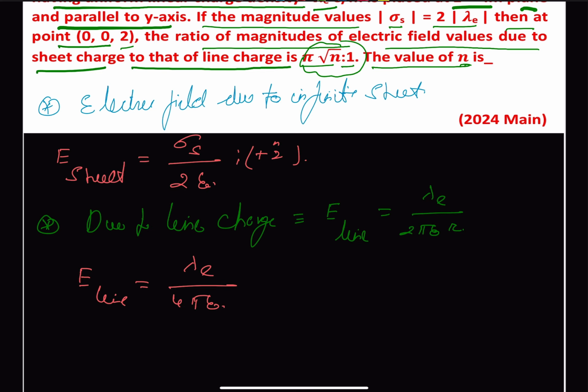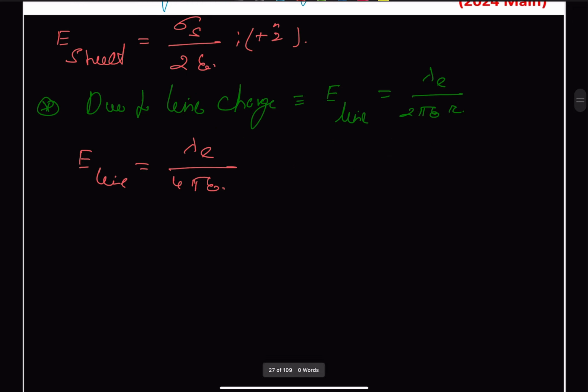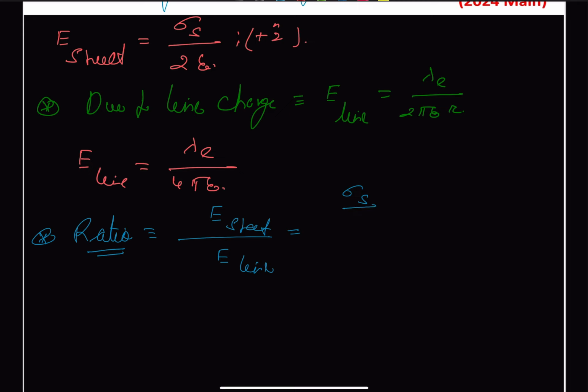And now we can just find out the ratio. Okay, and ratio, we have electric field due to sheet over electric field due to line, and sheet is sigma s upon 2 epsilon naught, and line is lambda e divided by 4 pi epsilon naught.